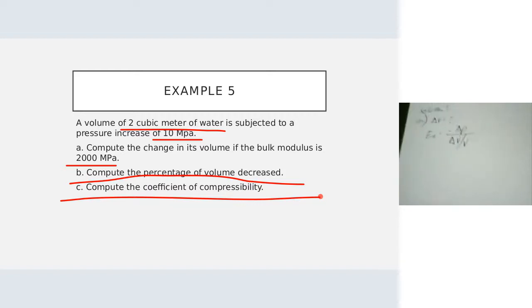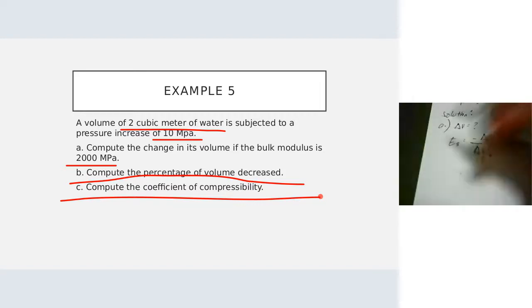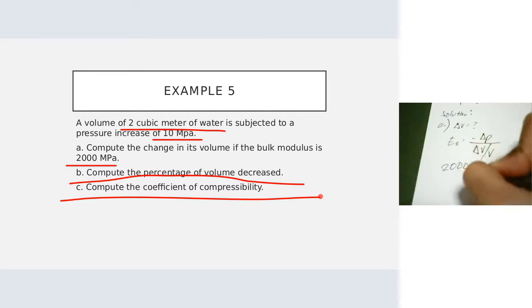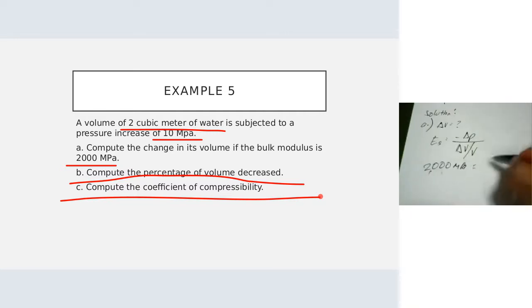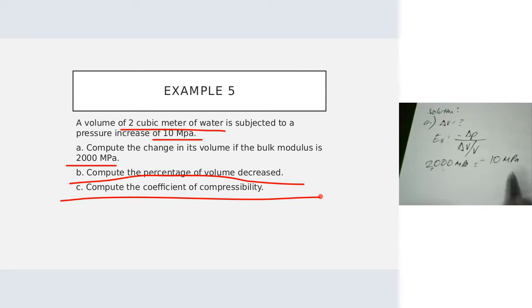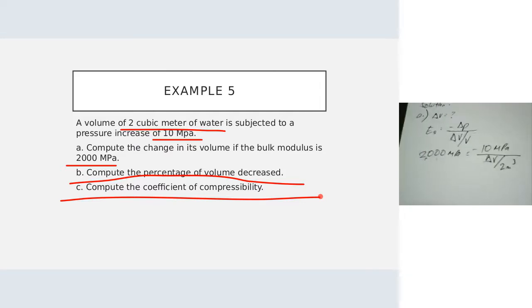So this is just a direct sub. No? So this is 2000 MPa equals negative 10 megapascal over delta V over 2 cubic meter.